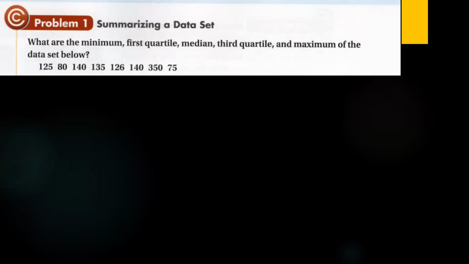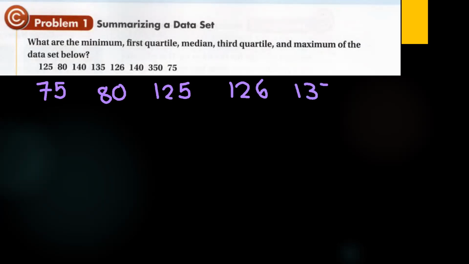So we have 75, 80, 125, 126, 135, 140, 140, and then 350. Did I write them all?